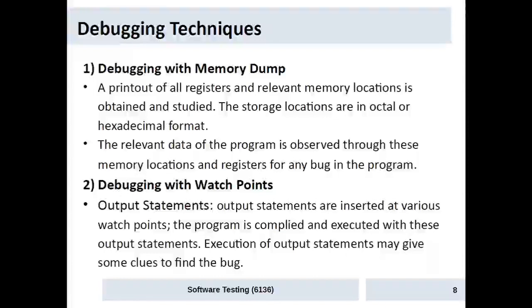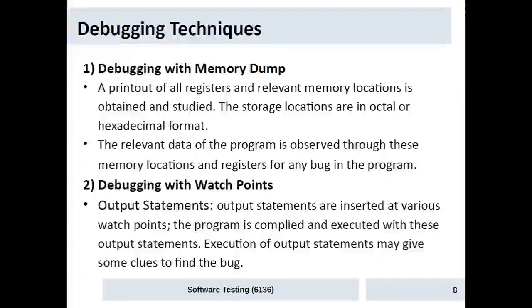Hence, we set watch points at intermediate locations to see the value of the variables, and we can verify the values at those points. For example, we can see the value of a particular variable before making the function call, or we can see the value of a variable before entering a loop.